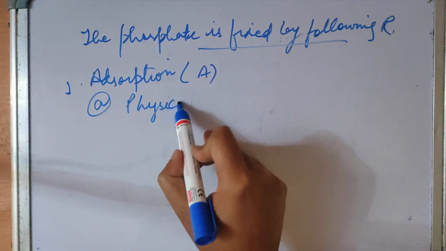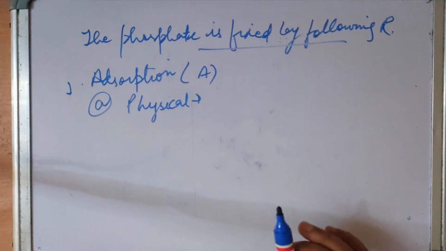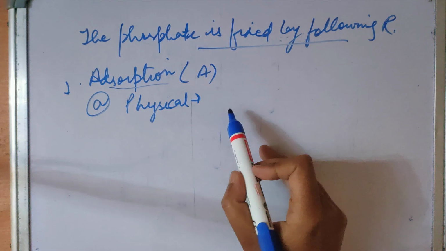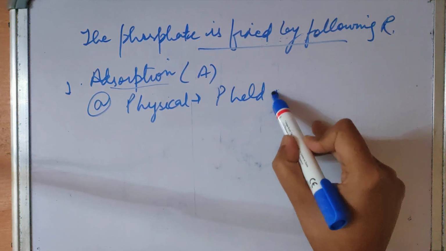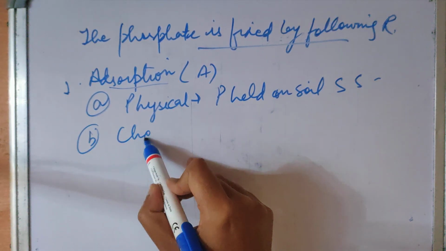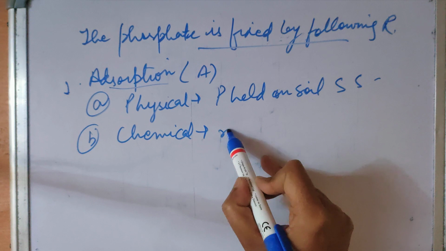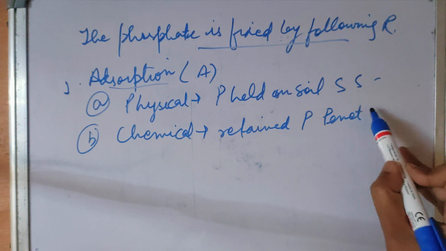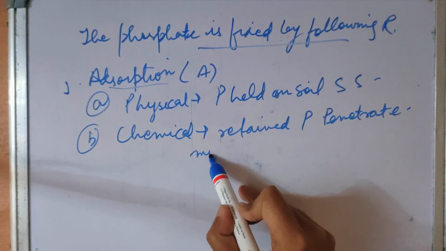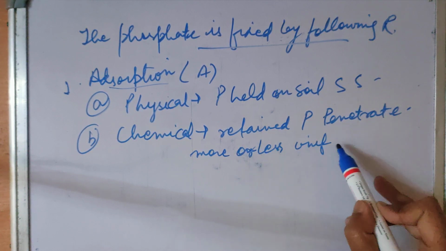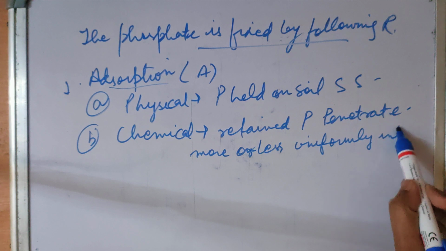First one is physical, where phosphorus is held on the soil solid surface. During chemical adsorption, the retained phosphorus penetrates more or less uniformly into solid phases.